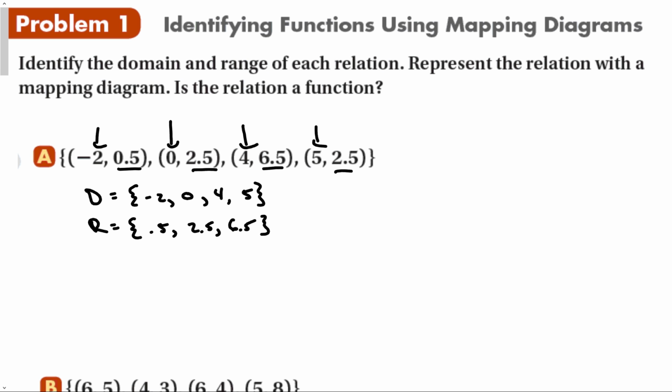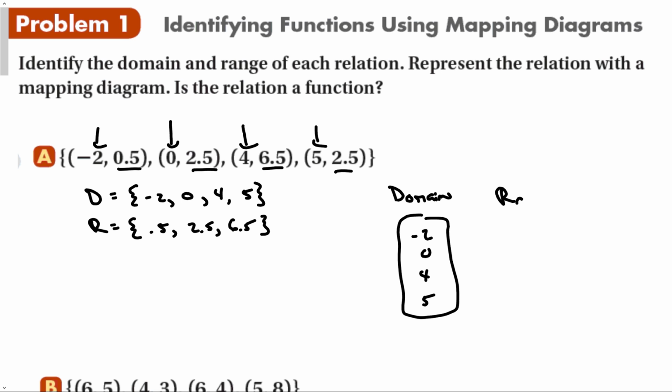Okay, to make a mapping diagram, we are going to take the domain, okay, make a little group of my domain, and usually we like to put it in order from least to greatest, so -2, 0, 4, 5, and we should do that inside the sets too.